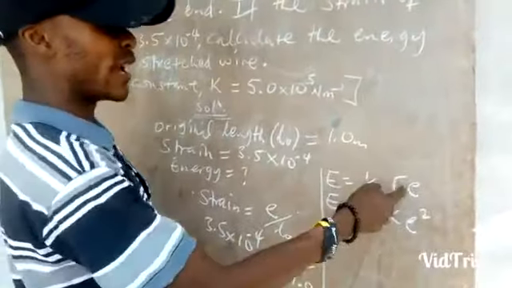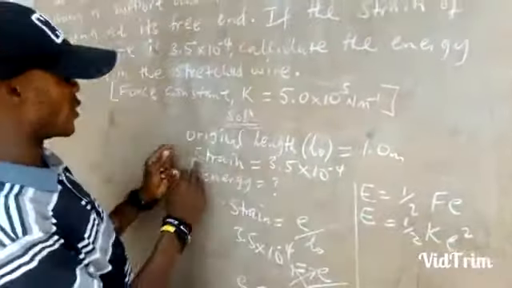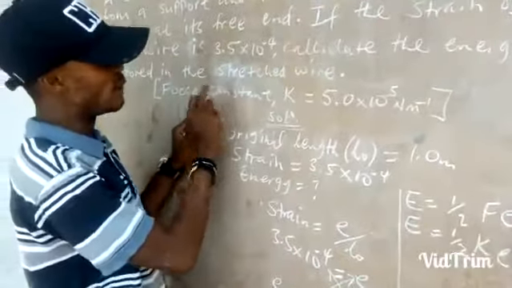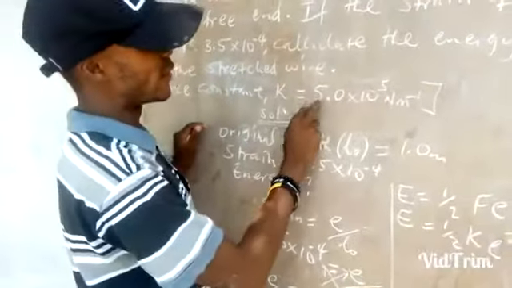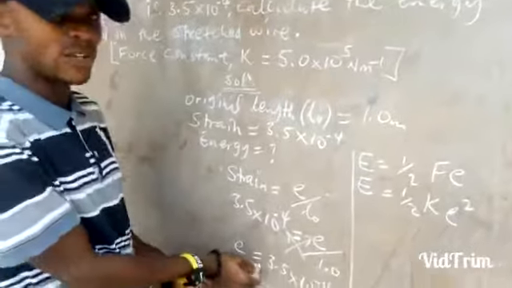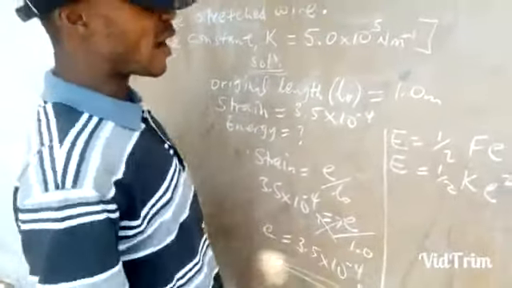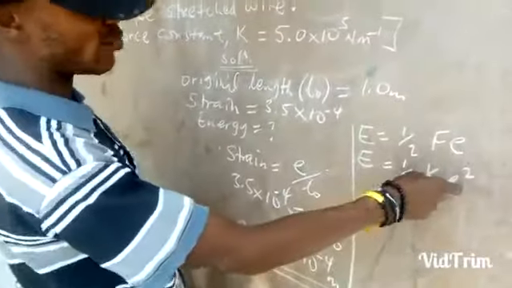We did not use Fe here because there is no force in the question. We are using K because according to the question they say force constant K equals 5.0 times 10 to the power 5. The extension we have just calculated as 3.5 times 10 to the power minus 4. So the required formula for the energy will be this one.